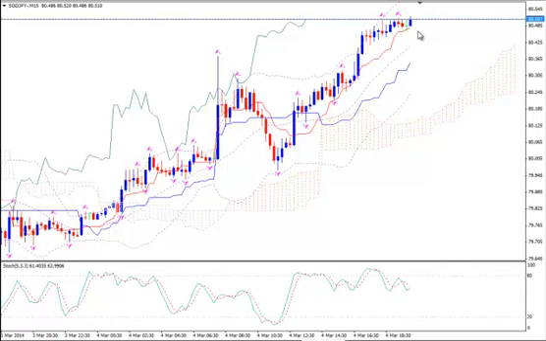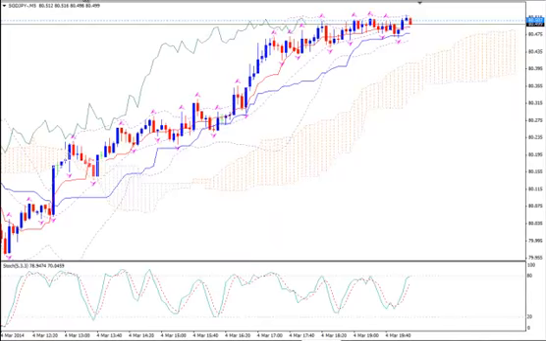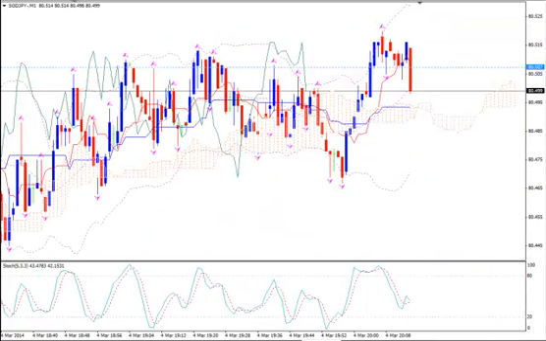So if you want, you can wait for a correction on M15 and then enter when you see something like this here happening. After a bearish price Tenkan-sen cross, when you see a bullish price Tenkan-sen cross with M5 and M1 100% bullish, then you enter.